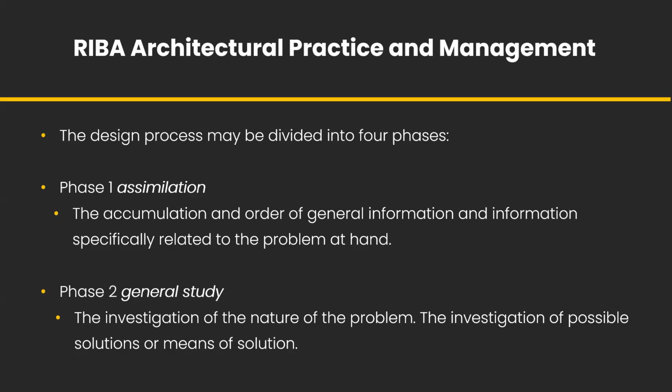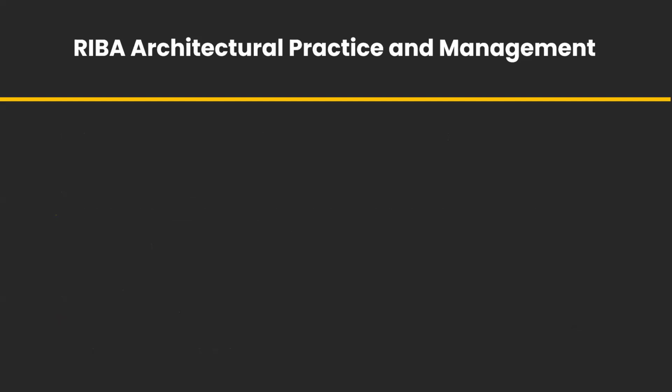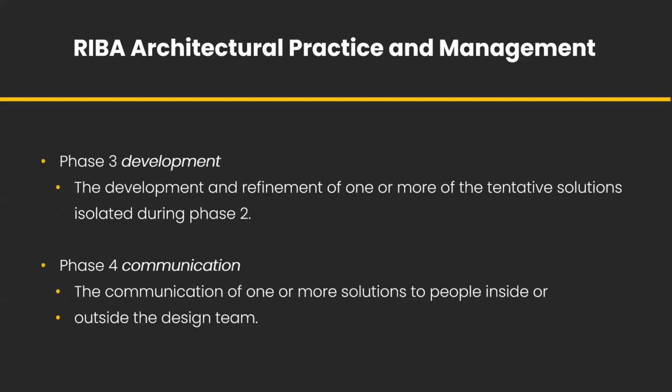Anyway, based on RIBA, the design process has four phases. First is assimilation, the accumulation and ordering of general information. Gather all the information, then do a general study, the investigation of the nature of the problem, and then analyze the problem. Next.